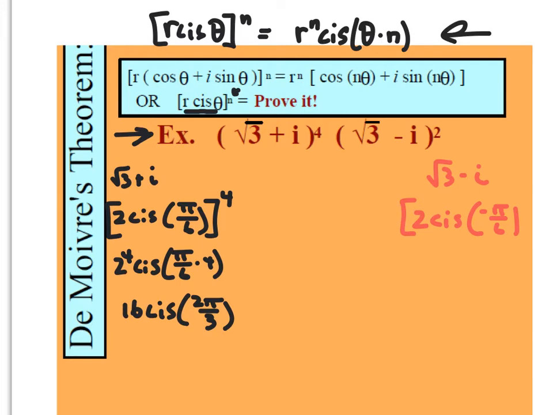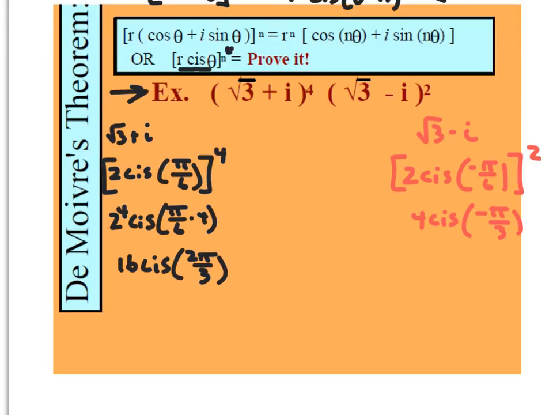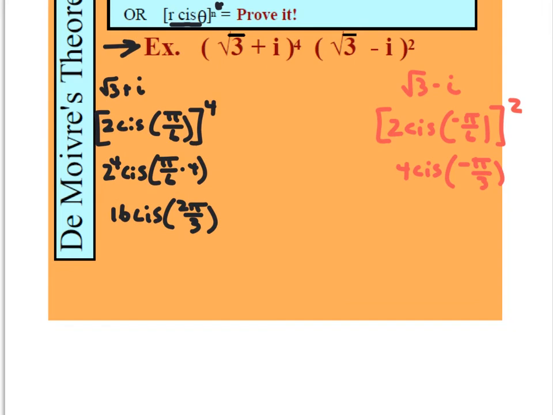If I take that thing to the 2nd power, that'd be 4 cis negative pi over 3. Okay, now what am I doing with these two things? I'm taking their product.